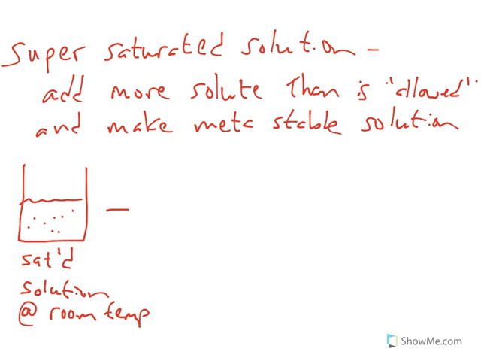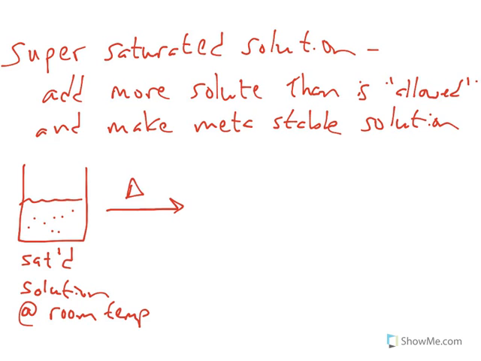Now what you can do is add heat to this guy. And the symbol for heat is often the symbol delta. All right. So as you elevate the temperature, almost all substances increase their solubility. Some don't, but most do.